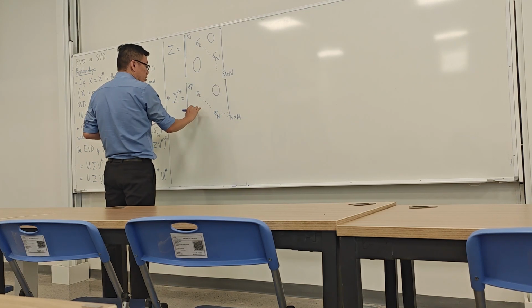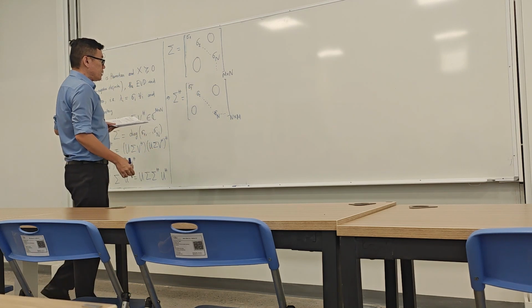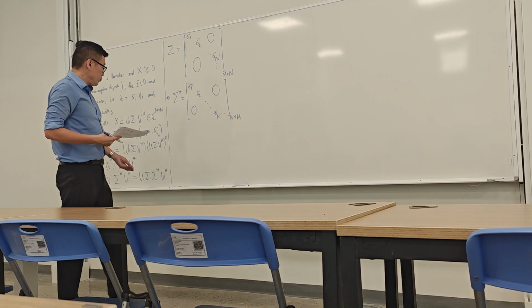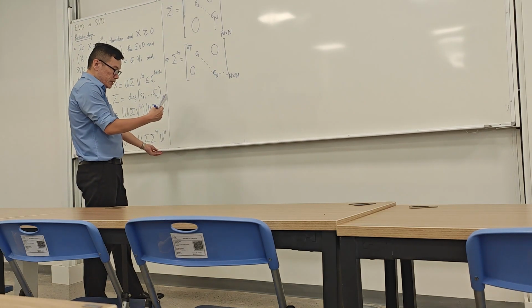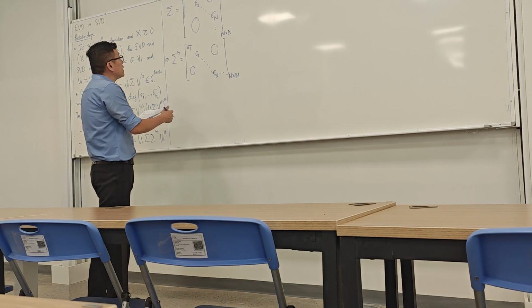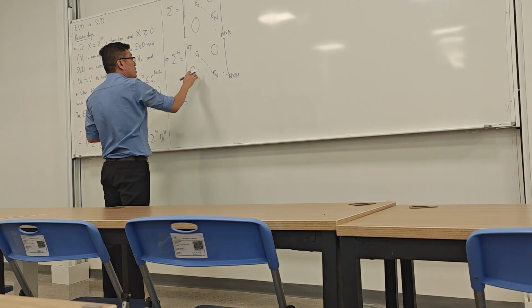That is sigma^H. And then we can find sigma multiplied with sigma^H, this matrix multiplied with this matrix.